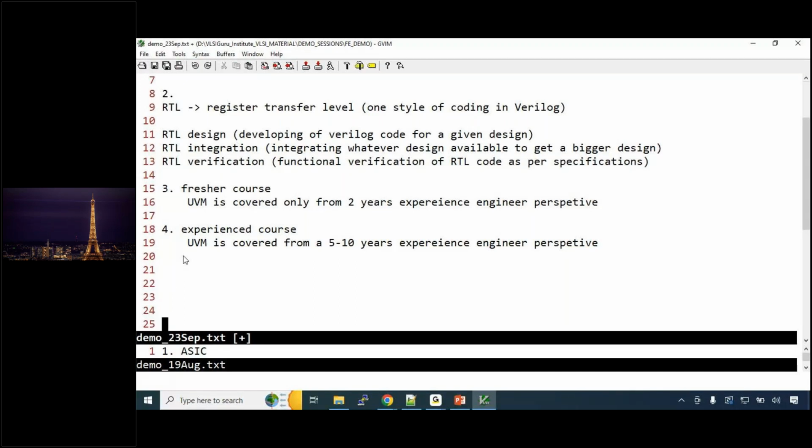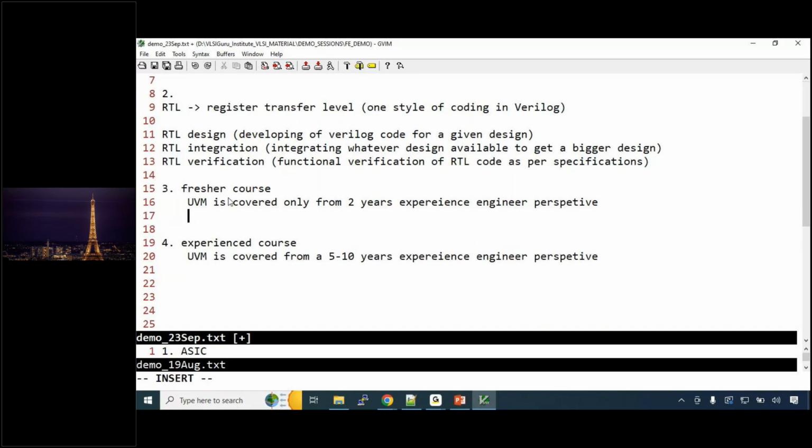That is what is covered in the UVM. System Verilog is common in both the courses, because you should be good in System Verilog as a fresher also, as an experienced person also. But UVM, you may say, why don't you teach me from a 5 years experienced perspective? The thing is, you will need more time. Now itself the course goes for 8 months.